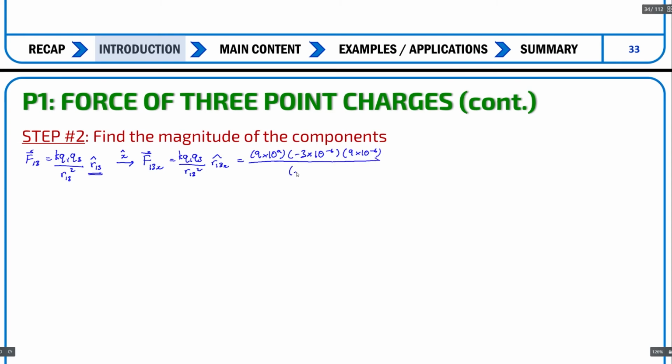We know R13 was the square root of 13. So now this is just that squared, multiplied by R13x, which we just calculated to be 3 over the square root of 13 in the x hat direction. So that actually gives us approximately negative 0.0156 newtons in the x hat direction.